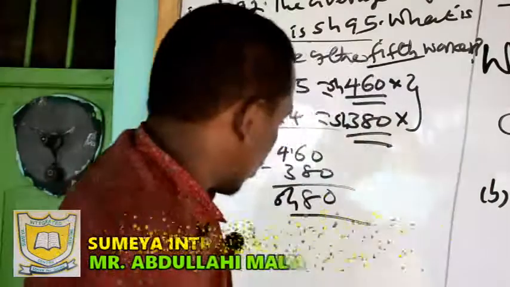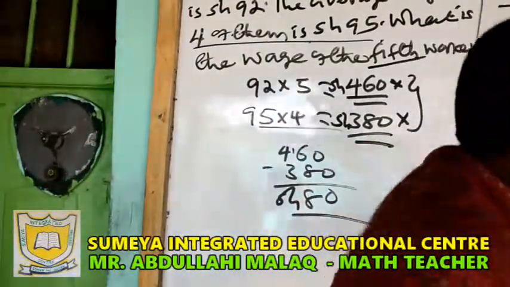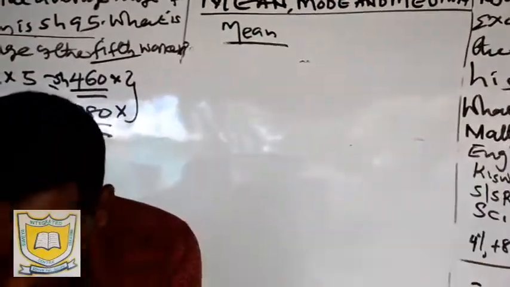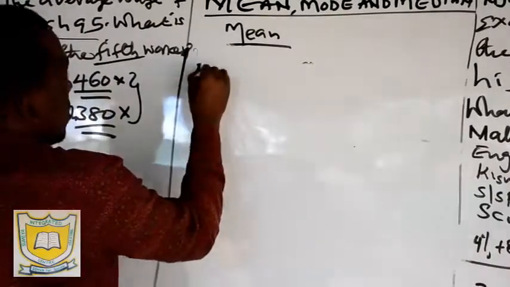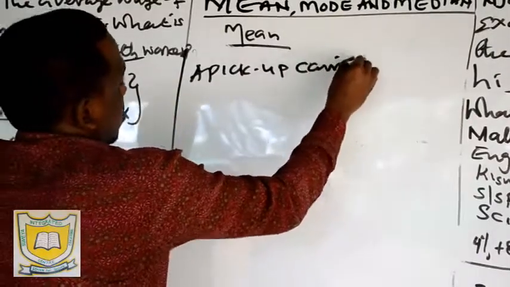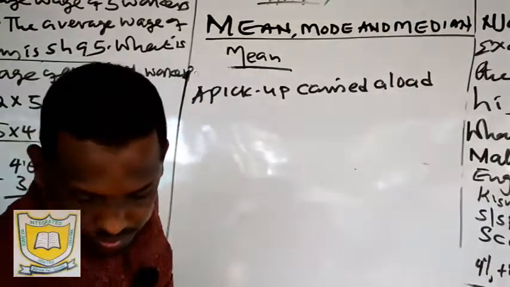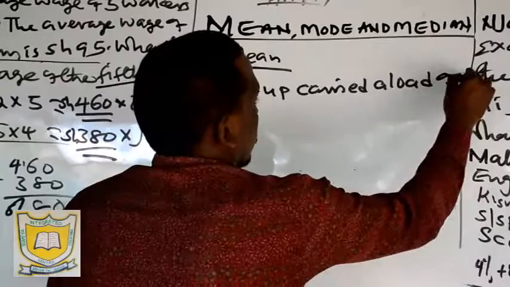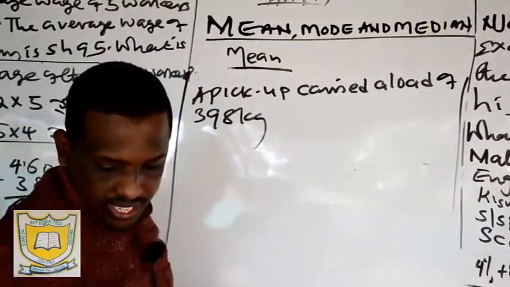Here there's another question. You are told a pickup carried a load of 398 kg.